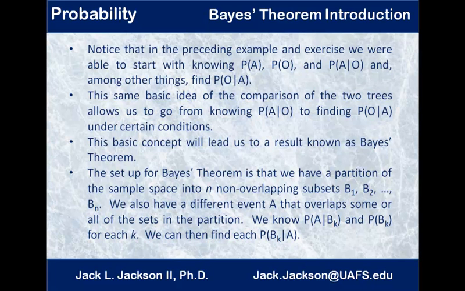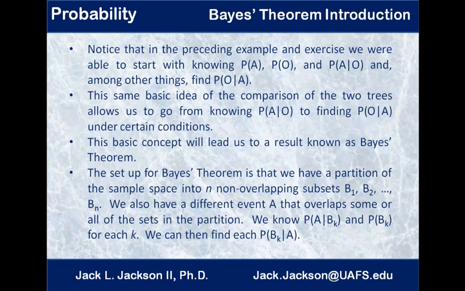And so the basic idea of comparing these two trees will be used to give us a result known as Bayes' Theorem. The basic setup for Bayes' Theorem is we start with a partition of the sample space. What that means is we have a bunch of subsets, we'll just call them B1, B2, B3, whatever, up to Bn. So we've got n of these sets, and no two of them overlap.